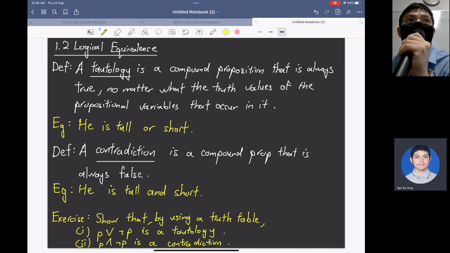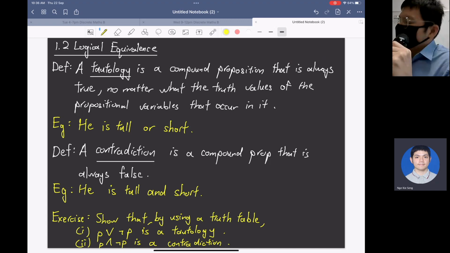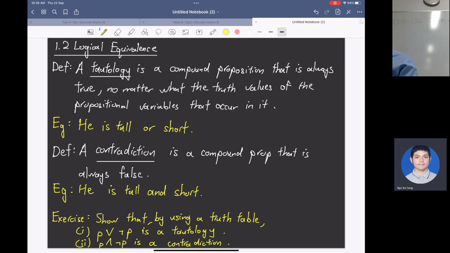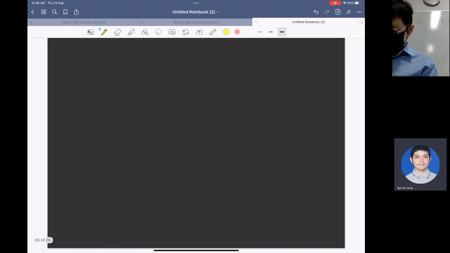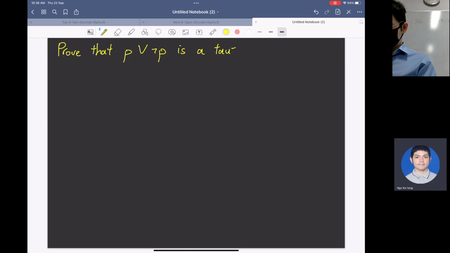Anyone know how to show? Any idea? Let's see. Prove that P or not P is a tautology.